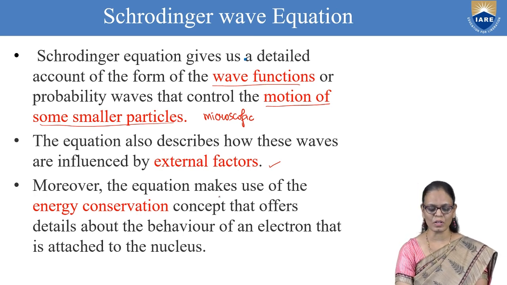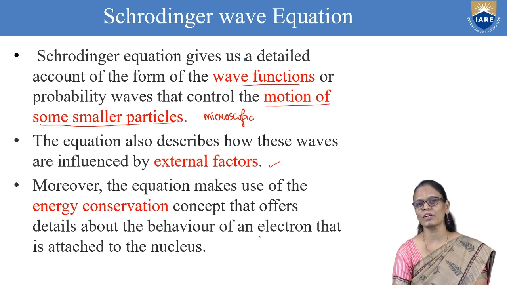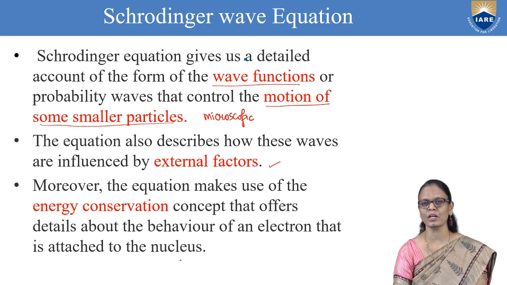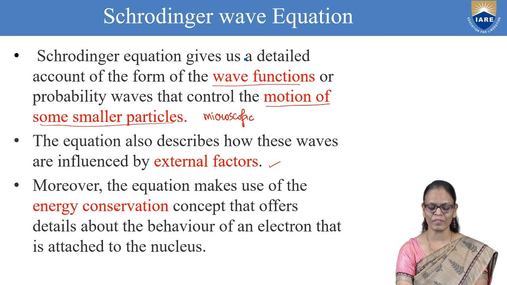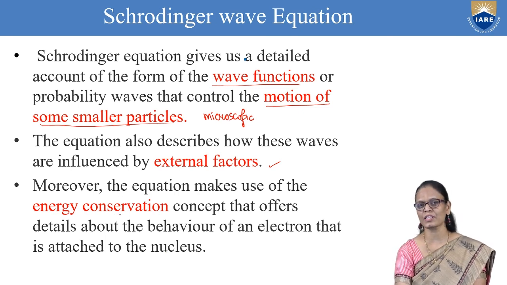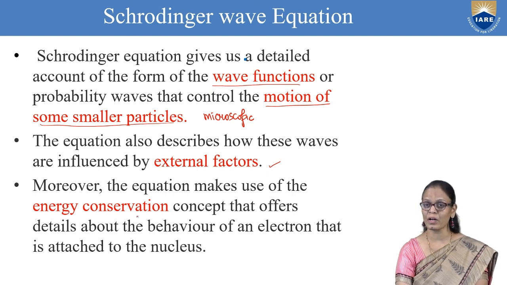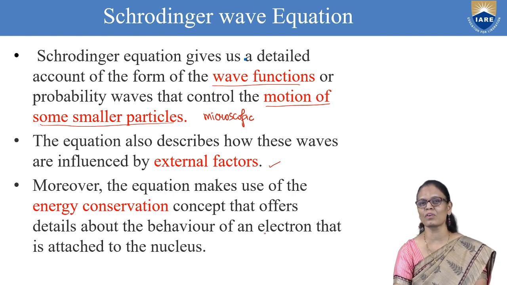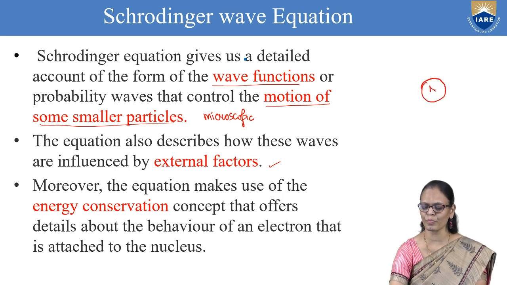Now, this equation also makes use of the energy conservation concept that offers details about the behavior of an electron that is attached to the nucleus. When we are talking about energy conservation, energy can neither be lost nor added. So in order to understand the movement of electrons, how can the electrons move?